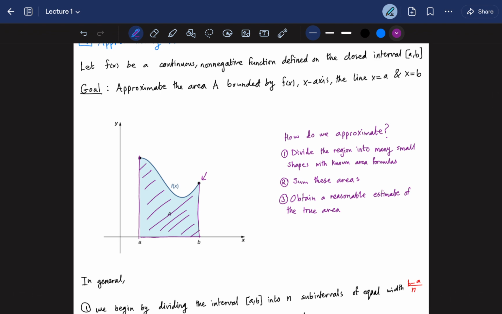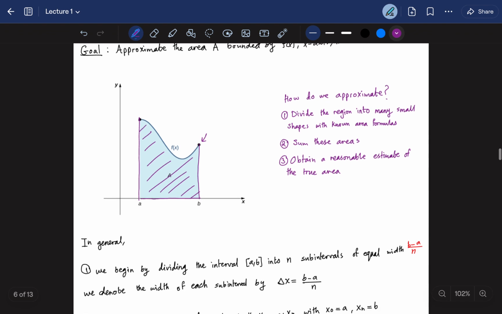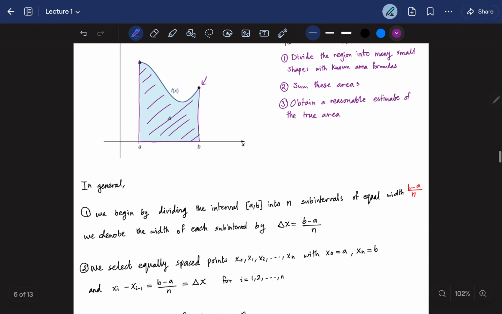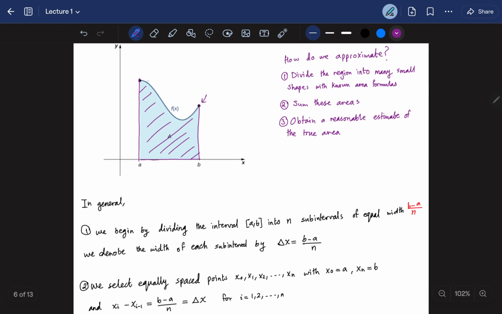To approximate it, I'm going to divide this area into small shapes with known area formulas. What we're going to use here is rectangles because, like I said before, rectangles have the area of length times width, which I can easily find. Let's say I'm going to divide this area into these rectangles.